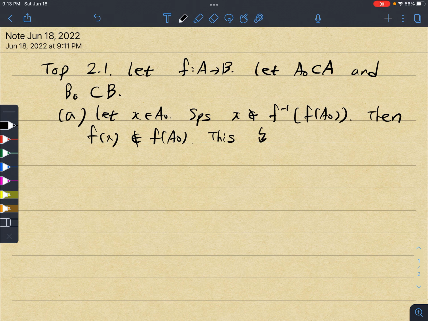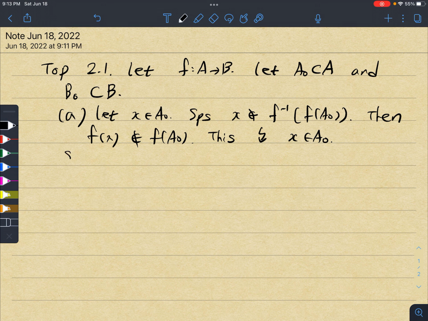And I write contradiction with a lightning mark like this, just to let you know. And this is because x is an element of A0. So this cannot happen. So automatically, x has to be an element of f inverse f A0.